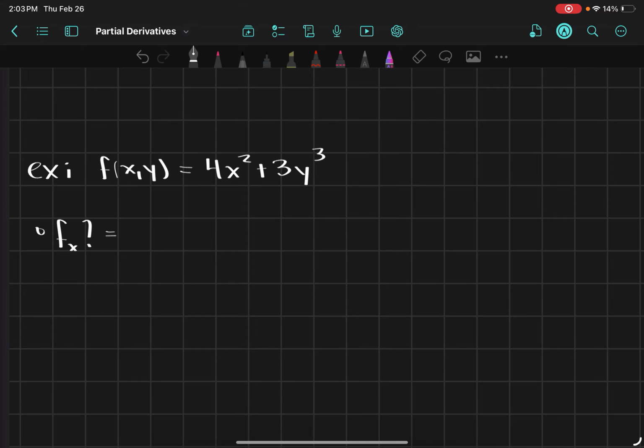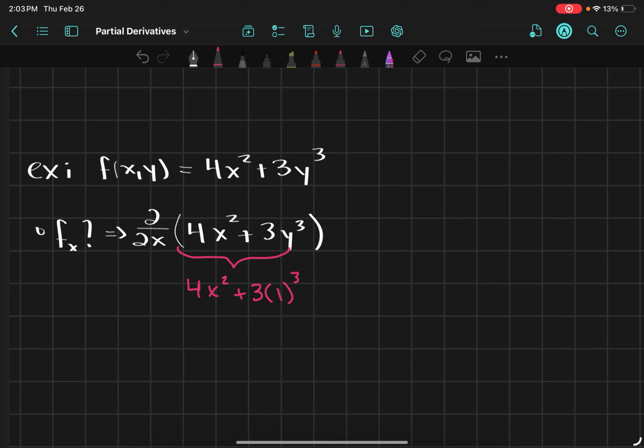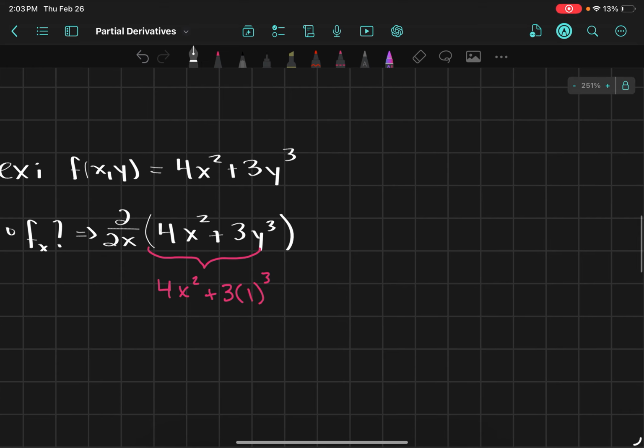Well, f sub x is taking the partial derivative of this function in terms of x, 4x squared plus 3y cubed. Remember, we can conceptualize this as 4x squared plus 3 times some constant, I'll just say 1 cubed. What is the derivative of this going to be? It's just going to be 8x plus 0.